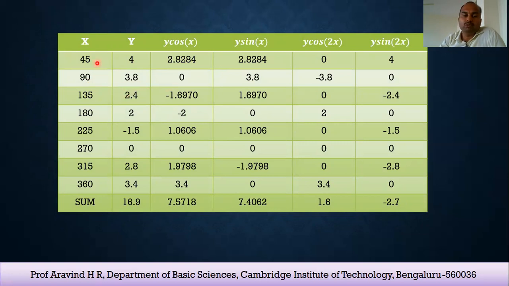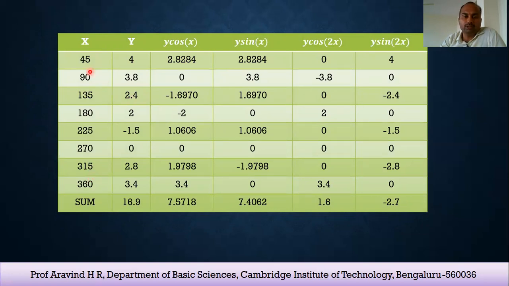When we substitute this, because cos is a trigonometric function, if you substitute 45, you should keep the calculator in degree mode. This 45 can also be written as pi by 4. So whenever you substitute x in terms of pi, you should keep the calculator in radian mode.